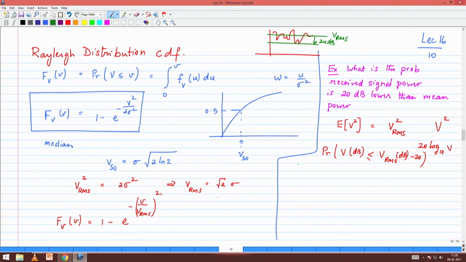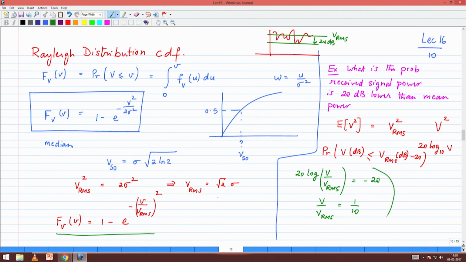So basically, rewriting this, it would be 20 log of V by Vrms. This has to be, let's set it equal to minus 20. That basically tells us that V by Vrms is equal to 1 by 10, 10 power minus 1. So what is the probability that this condition is satisfied is the same as going back to the CDF function, because this is the condition where I substitute V by Vrms equal to 1 by 10.